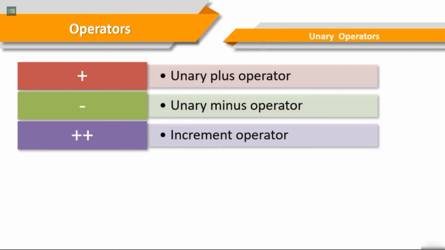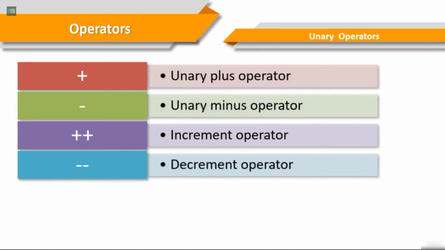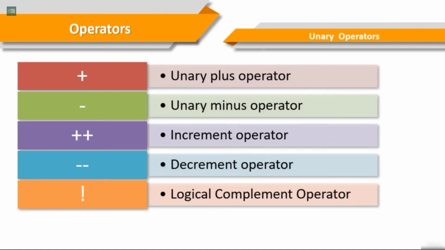So, the increment operator, plus plus, increments the value by 1. Minus minus, the decrement operator, decrements a value by 1. And the exclamation mark is the logical complement operator. It inverts the value of a Boolean.